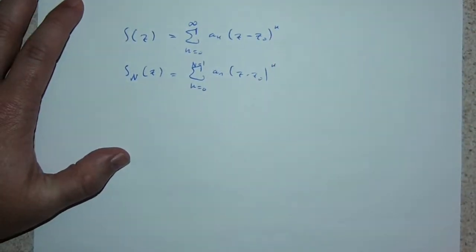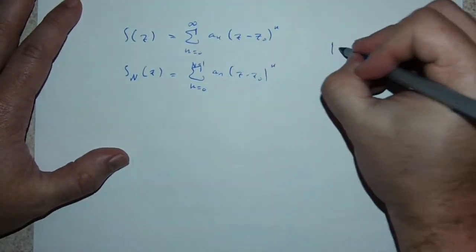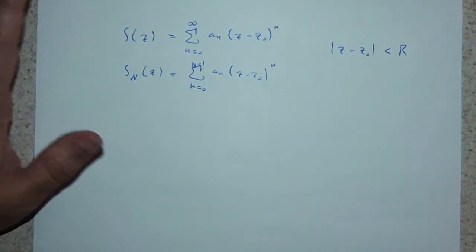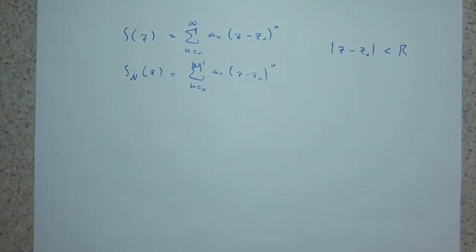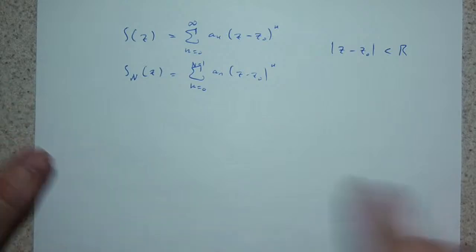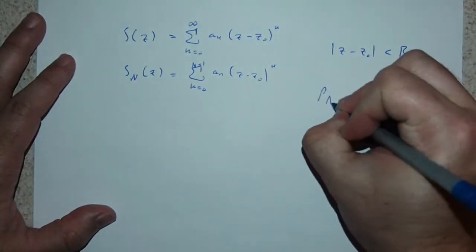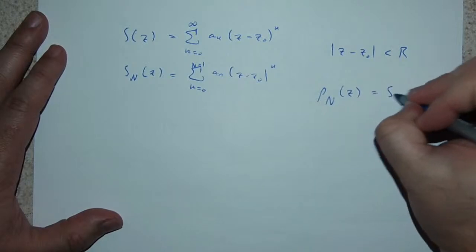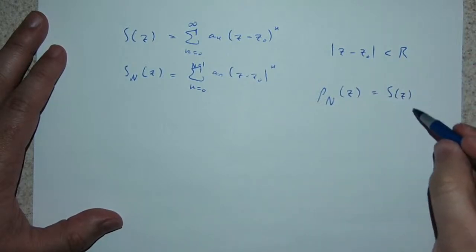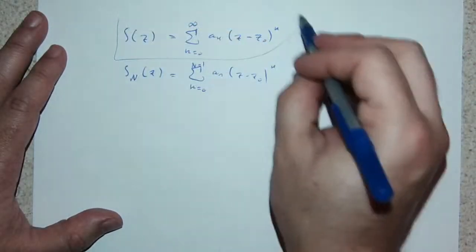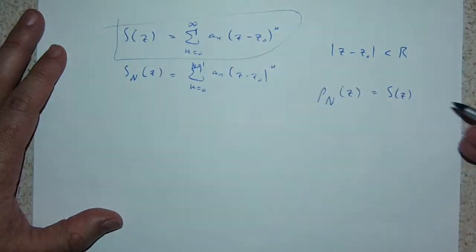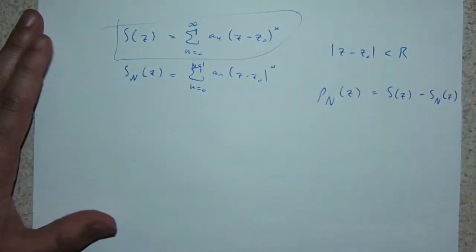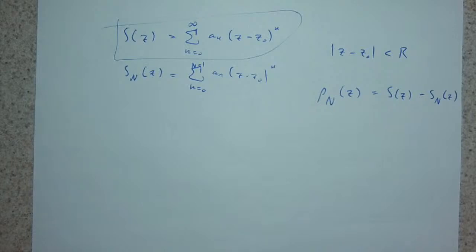So you know exactly what that thing is. We'll say that our region of validity here is the open disk of radius big R, centered at z naught. This remainder function that I wrote before, this rho sub n of z, is just the difference of the entire power series, where I've subtracted off its first n minus 1 terms. So that's exactly what that difference is.